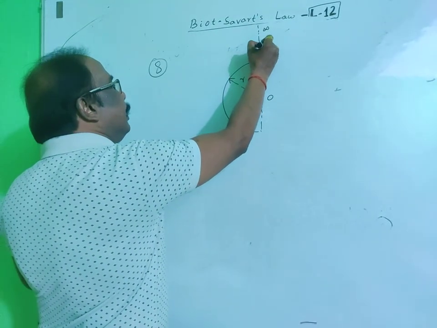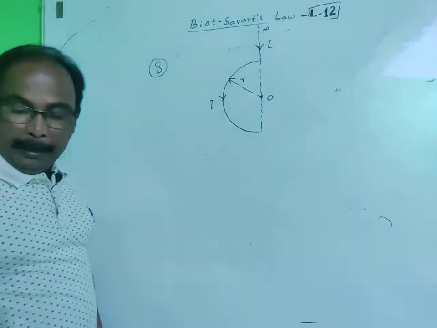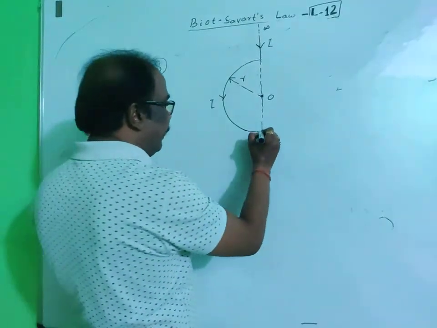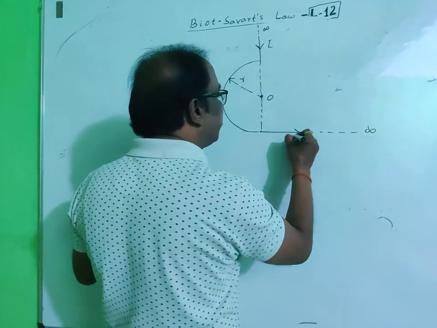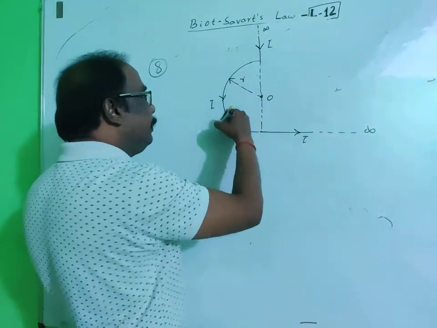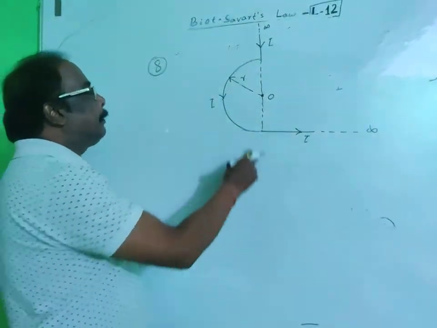Current is I. Same current is flowing in all the parts, and this is also a straight conductor of infinite length in one direction. We have to get magnetic field at O.